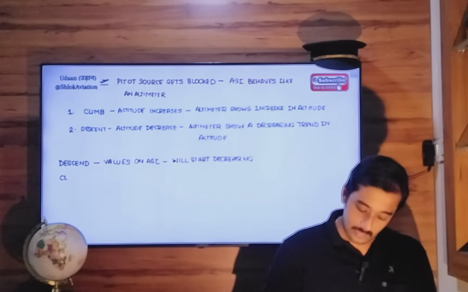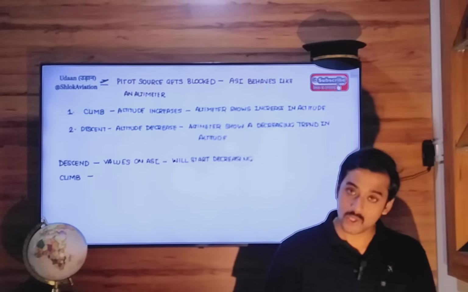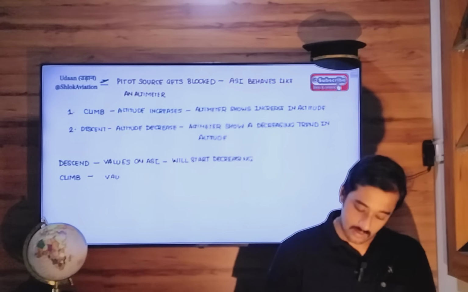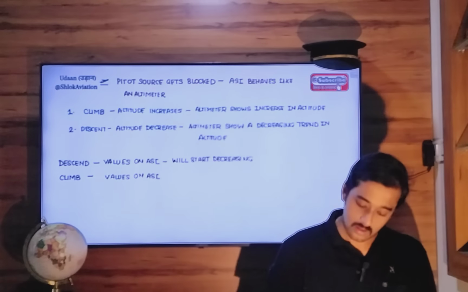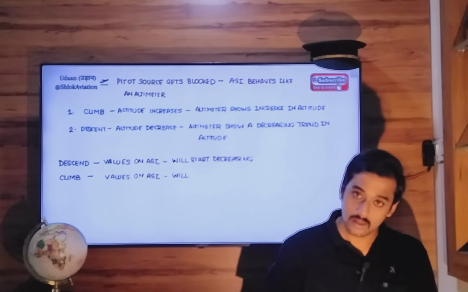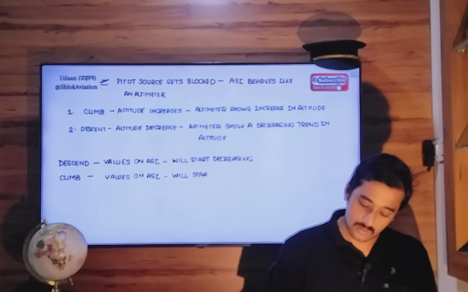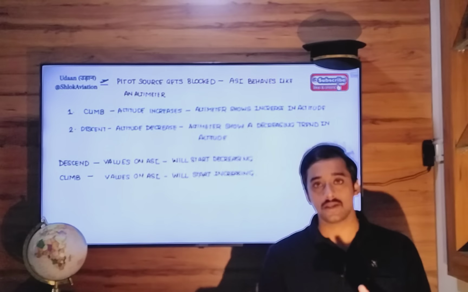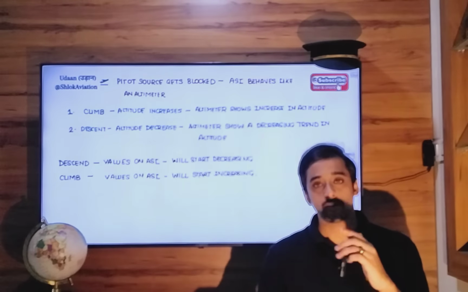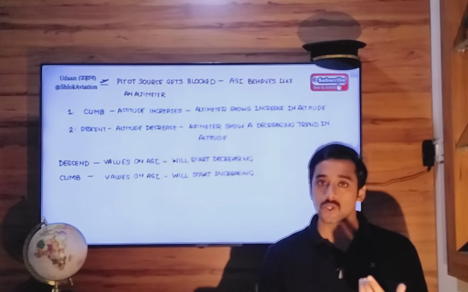When you climb, the values on your ASI indicator will start increasing. Okay, so meaning it behaves like an altimeter. You descend, the value also descends or decreases. You climb, the value shown by ASI indicator will also increase.